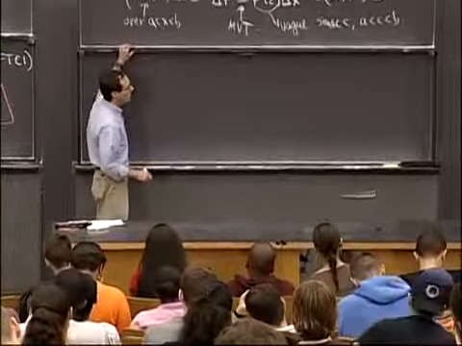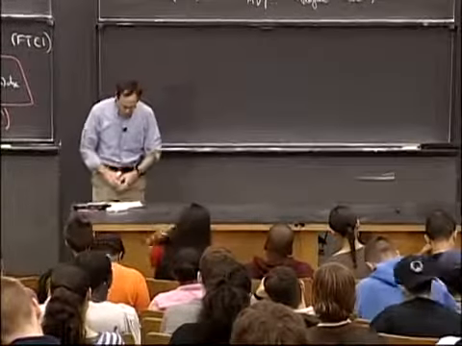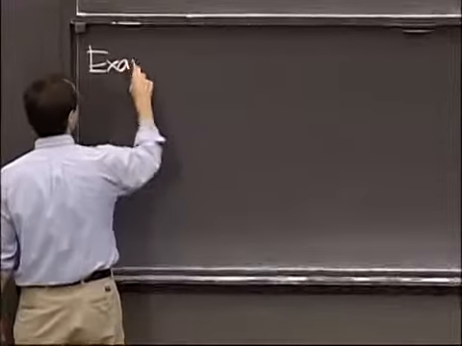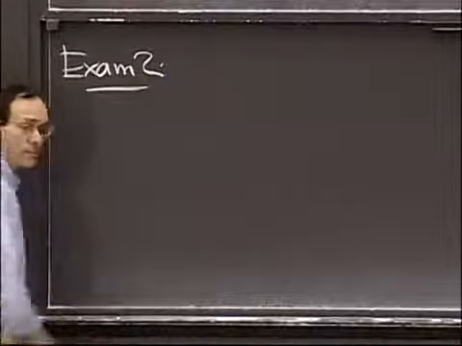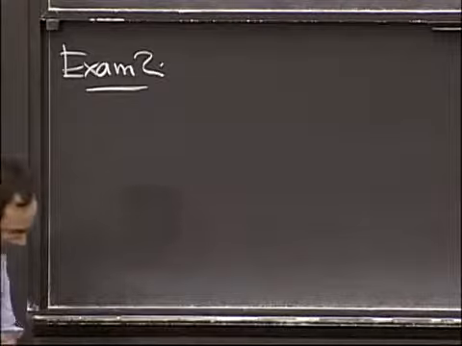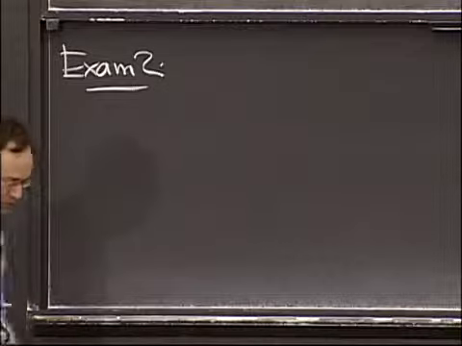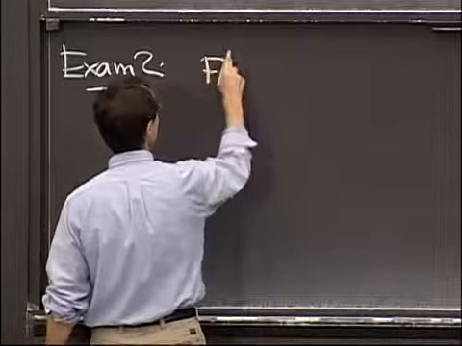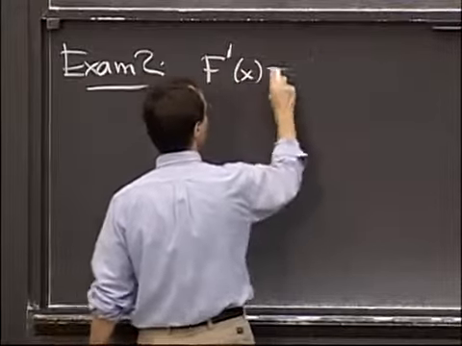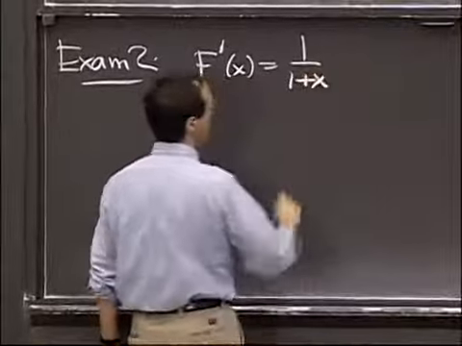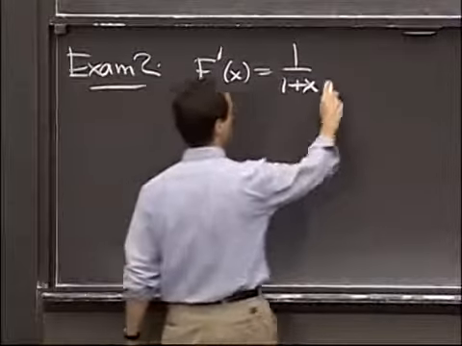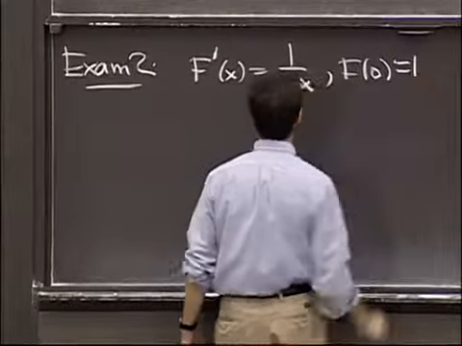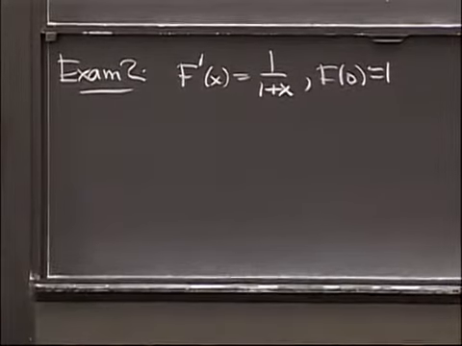And I'm going to elaborate just one step further by talking about the problem that you had on the exam. So there was an exam 2 problem. And I'll show you how it works using the mean value theorem and how it works using integrals. But I'm going to have to use this notation capital F prime, as opposed to little f, which was the notation on your exam. So we had this situation here. These were the givens of the problem.